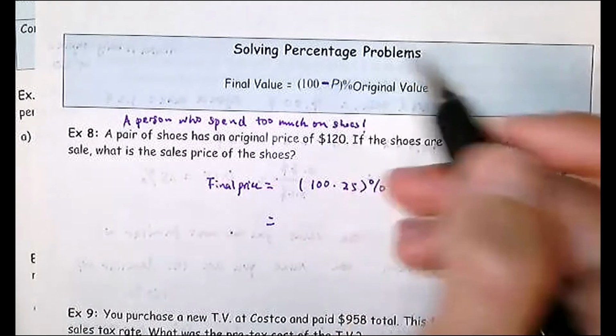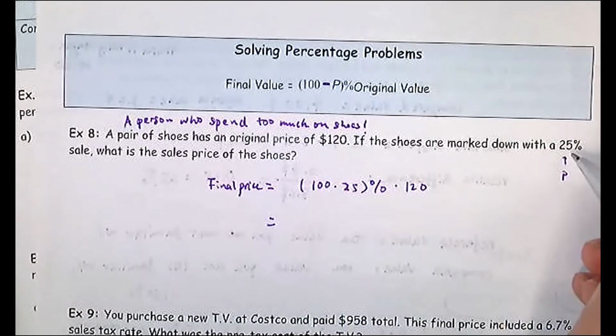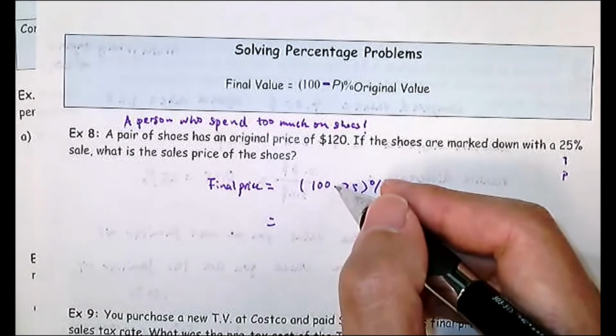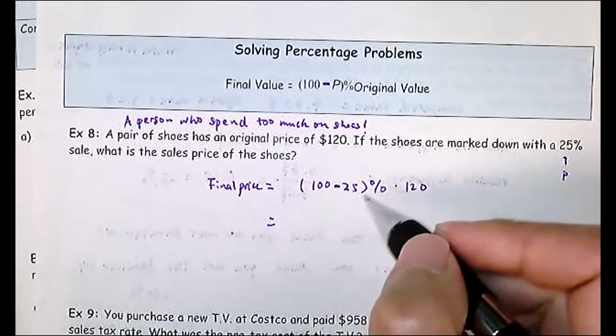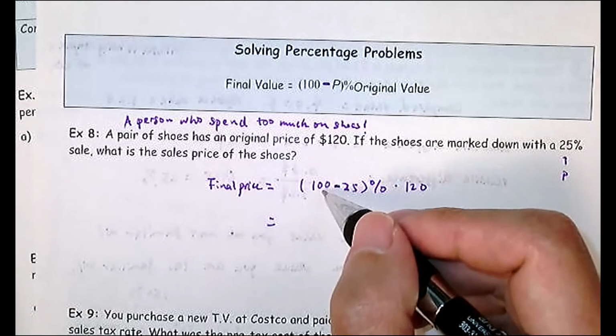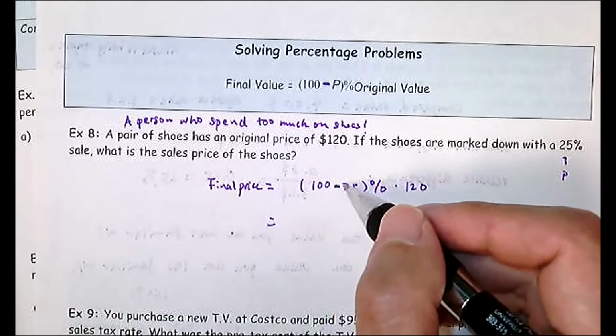Okay. So a 25% sale means you subtract 25% from the original value. So the price is 100% minus 25%.